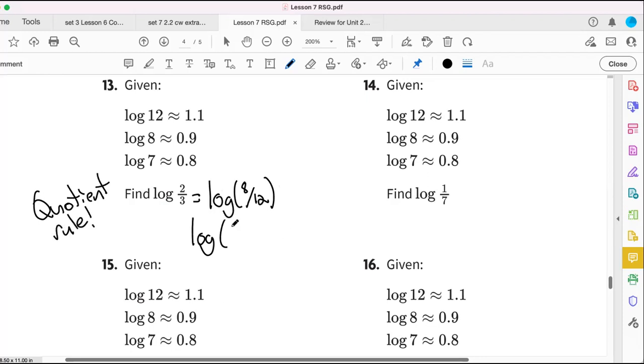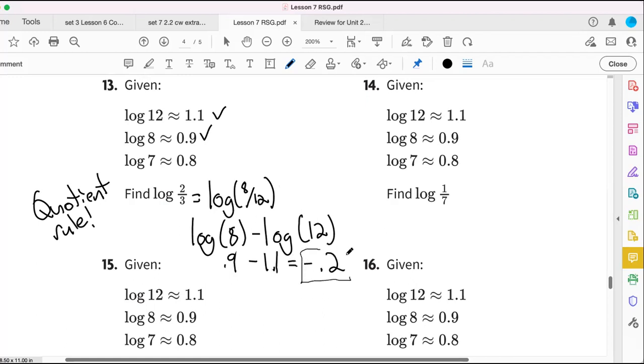And say that this is really just log 8 minus log 12. You have the arithmetic for that here. So just take it further. 0.9 minus 1.1, getting you negative 0.2. Are there any other tough ones here? I mean, 1 over 7, you could really say that this is just log of 7 to the negative 1 power from, you guessed it, the exponent rule.